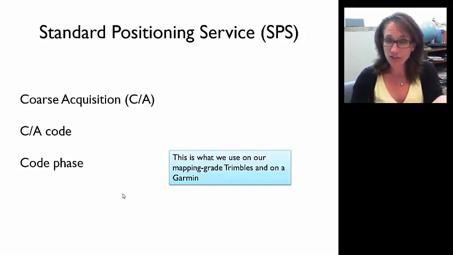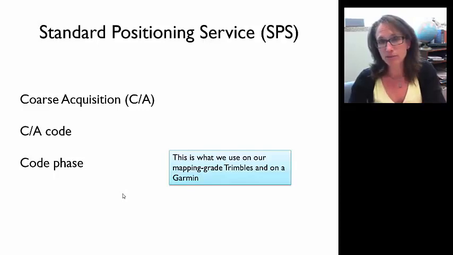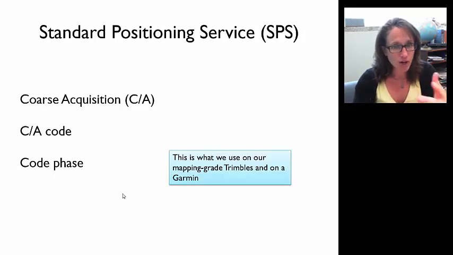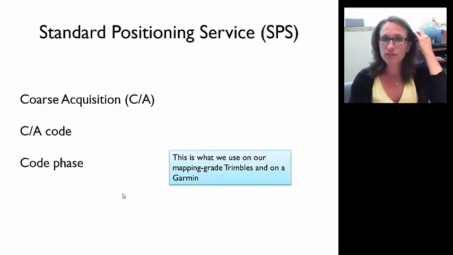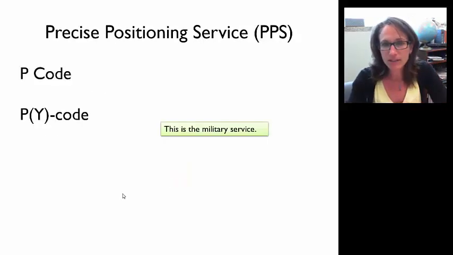They don't actually use the carrier wave to compute their position. They're only using the code that's modulated on the carrier wave. So if you hear people talk about code phase GPS, that means Garmin's and mapping grade units that are just using that L1 carrier wave and the C/A code, which is the civilian code modulated on it.